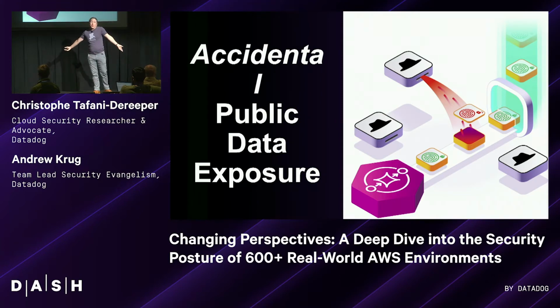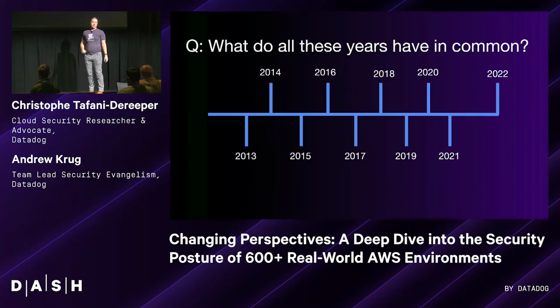But let's change gears a little bit and look at more of the misconfiguration side. We talked about how data might make it out of your environment, right? To people that you didn't intend to have access. Small piece of trivia though, what do you think all of these years have in common? Anybody can just shout it out.